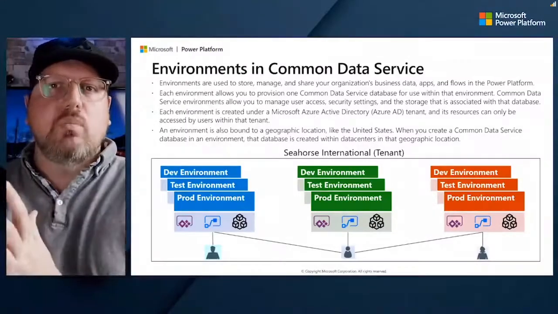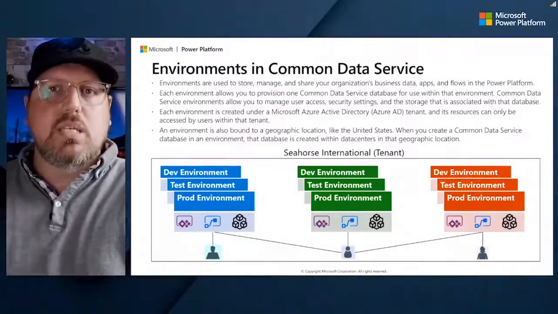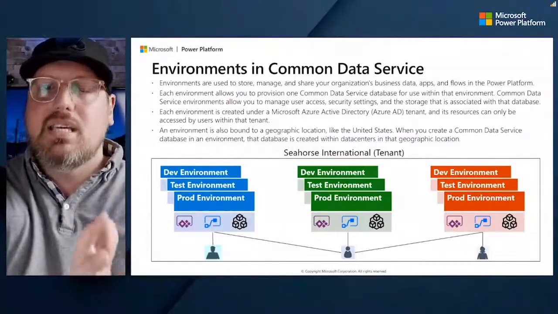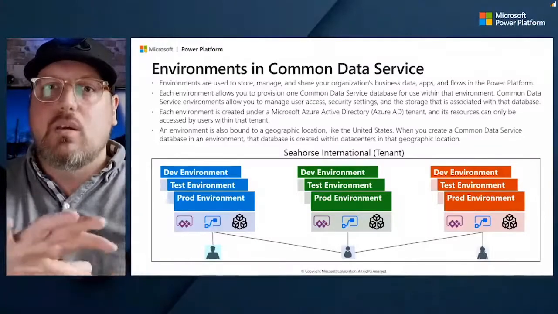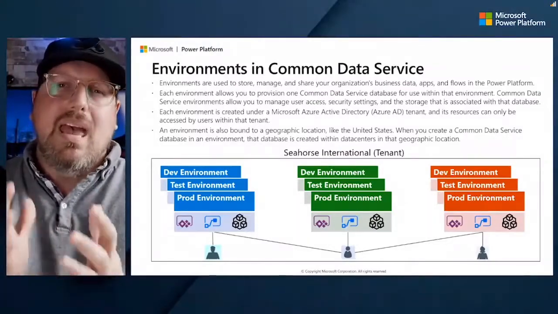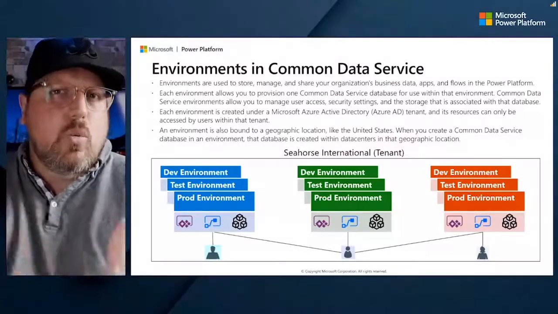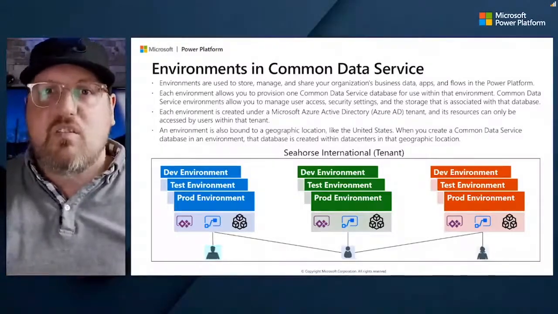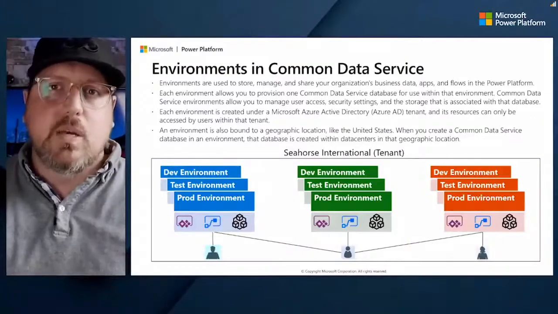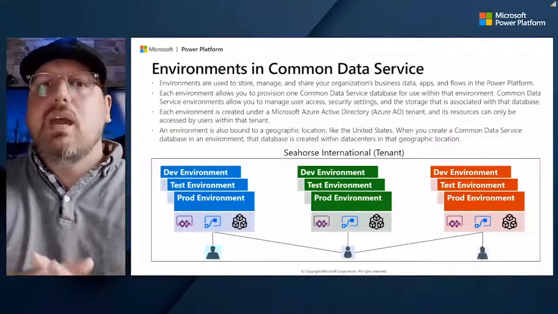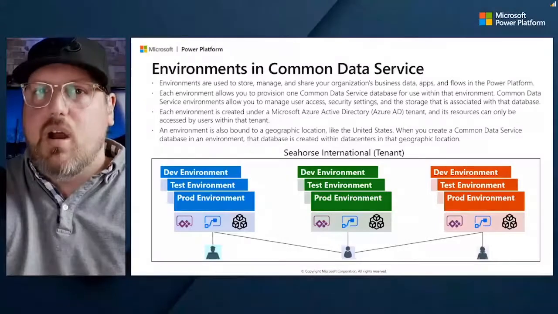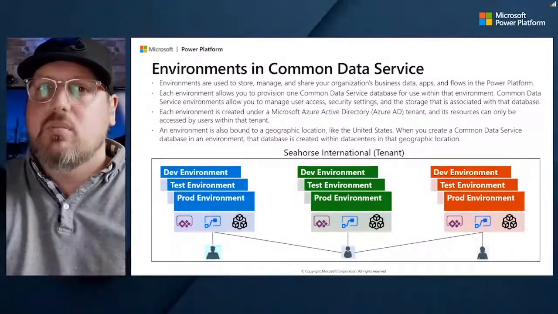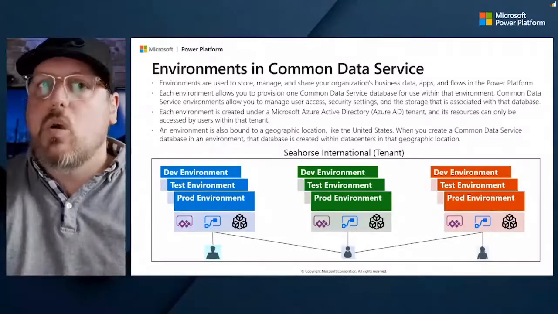So you can have multiple environments to suit those business requirements with the appropriate level of data loss prevention policy, a separate CDS with the data model that is relevant to them, and also only the users that should really be there. So maybe marketing users are not relevant to be in your factory environment, and vice versa. So the 3 main reasons we see people using different environments are geographics, application lifecycle management, or just business requirements.